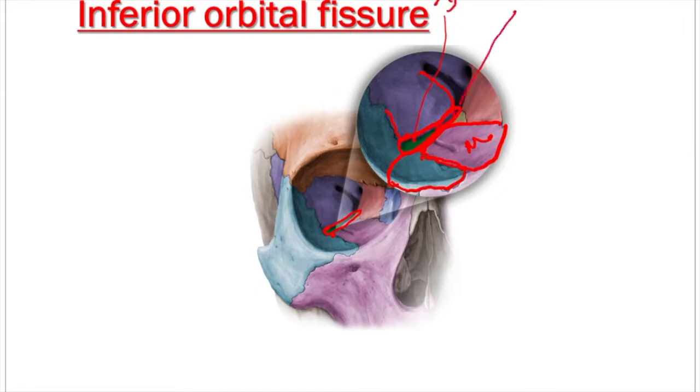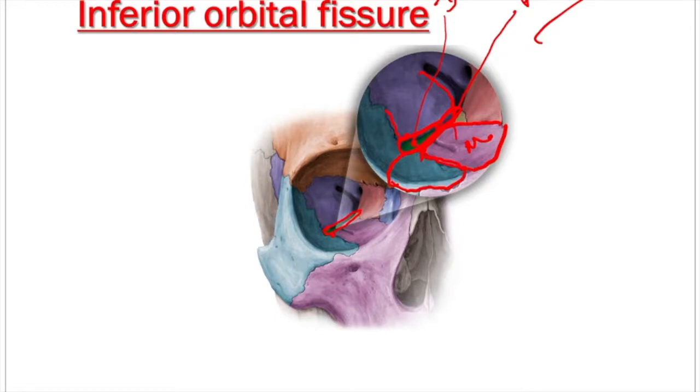So in the floor there is the inferior orbital fissure, and beyond it on the back side, more laterally, 90% you will go into the infratemporal fossa, and the other 10%, more medially, you will go into the pterygopalatine fossa. Through the inferior orbital fissure you will pass either into the infratemporal fossa or the pterygopalatine fossa, and you are coming into the orbit here.